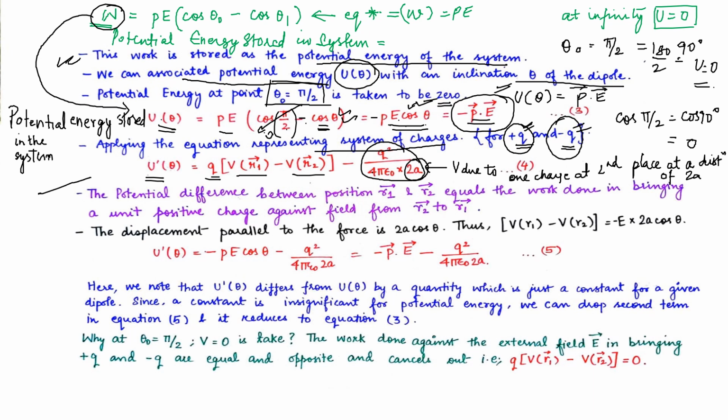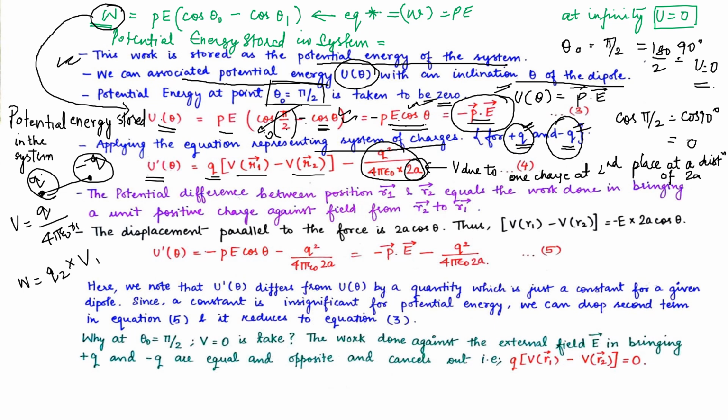In this system, this is minus q, this is plus q. We know the potential of this charge, we will define it. It will be given as q upon 4 pi epsilon naught into r1. Now work done will be given as q2, this charge, into the potential due to the first charge.